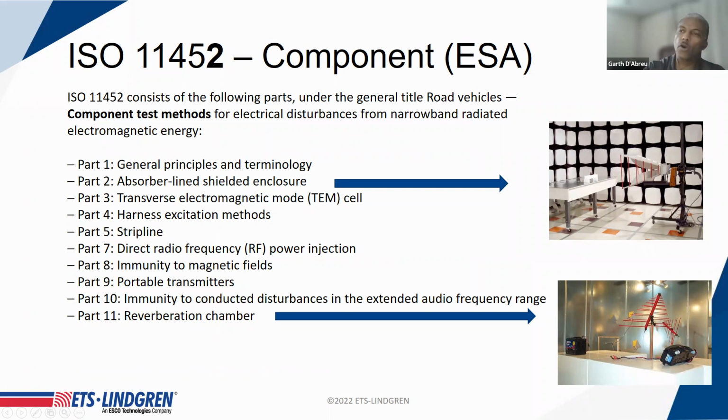There are strip lines that operate out in the open for some of the military standards. Part 11 covers component reverberation chamber testing. And then you have the transient and the conducted parts of the standard, and the TEM cells that cover GTEM cells as well. Again, also subparts within this component level test document.